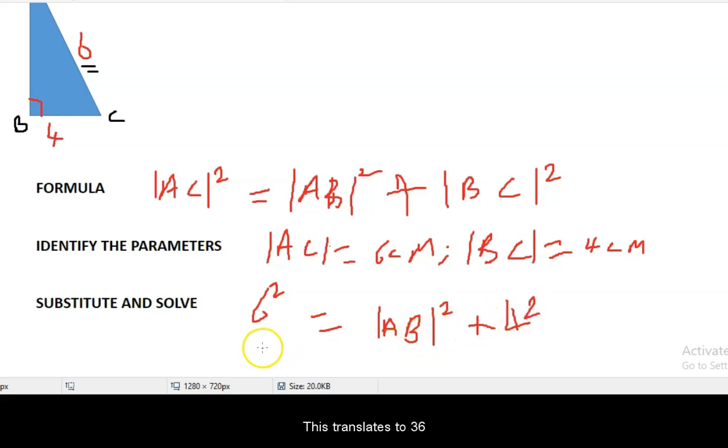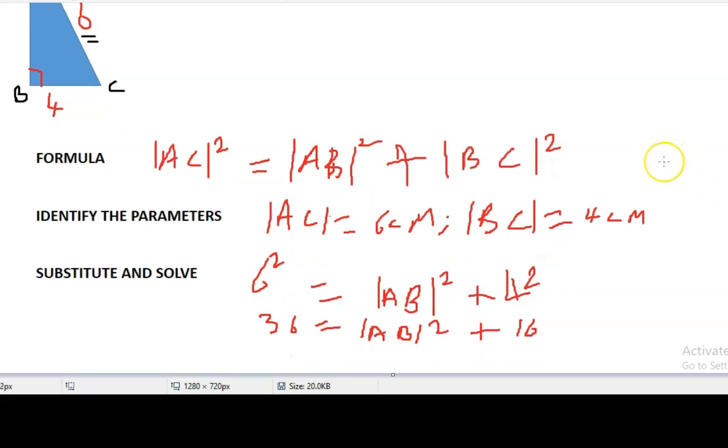This translates to 36 equals AB square plus 16. Or AB square equals 36 minus 16.